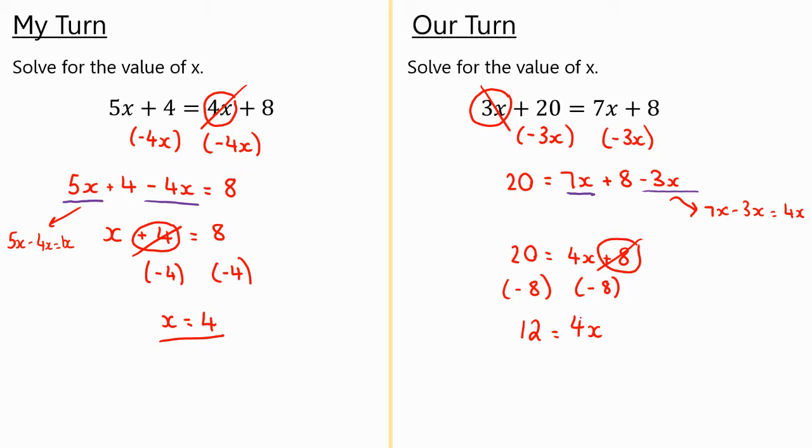Very last thing we need to do, we need to get rid of this times by 4. And how do you get rid of a times by 4? You divide by 4. We do that to both sides. 12 divided by 4 is 3, and we are left with just x. So x is equal to 3, or 3 is equal to x.